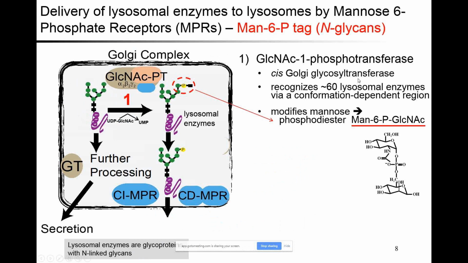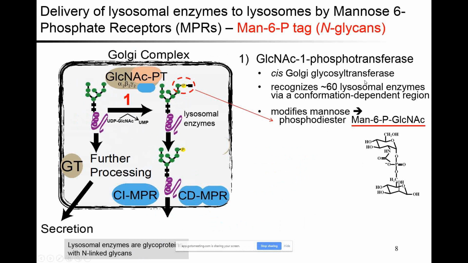We have this unique glycosyltransferase termed N-acetylglucosamine-1-phosphotransferase that utilizes the sugar nucleotide UDP-GlcNAc. This glycosyltransferase is able to recognize the 60 or so different lysosomal enzymes going through the Golgi, and then add an N-acetylglucosamine and a phosphate onto a specific mannose to form what's termed a phosphodiester. So this is key.